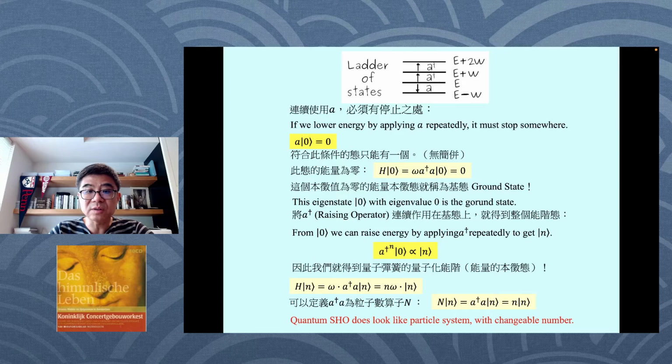So we got the ground state already, the state with the lowest energy. And from this lowest energy state, we can raise the energy by applying A dagger. Remember, A dagger is the raising operator. If you act A dagger once, you get a |1> state. You act A dagger twice, you get a |2> state. |2> means there are 2 quanta of energy.